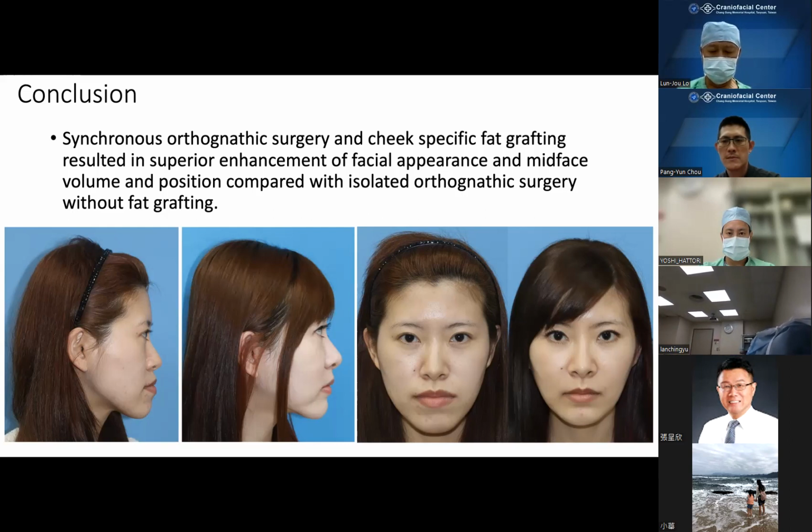And I think it is still feasible to put fat grafting in the lower face if you still see some deficiency. Thank you.